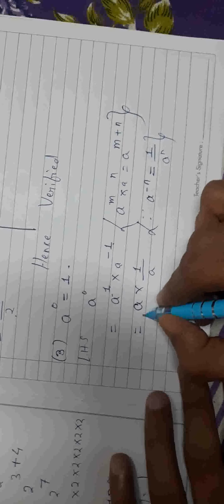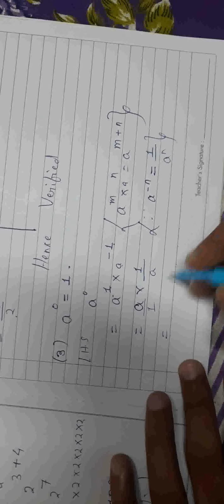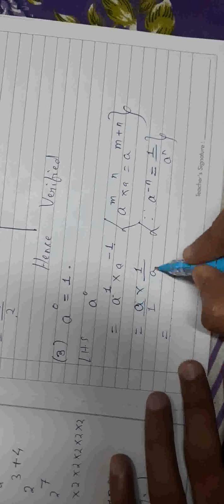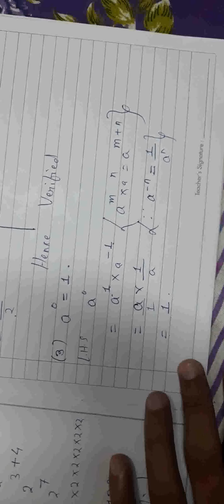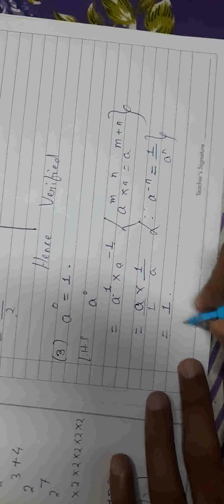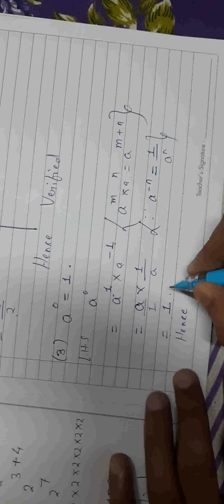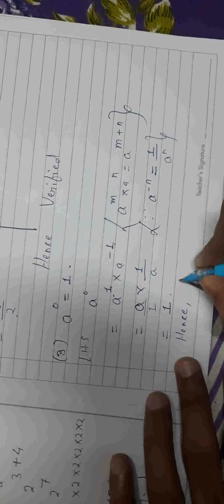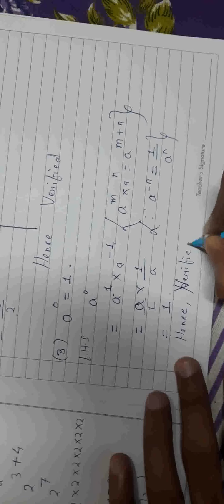Now here nothing is there, that means it's 1, although we do not write it. Then the numerator and denominator can cancel out each other, which will make it 1. So that is how we can verify that a to the power 0, or anything to the power 0, is 1. Hence verified.